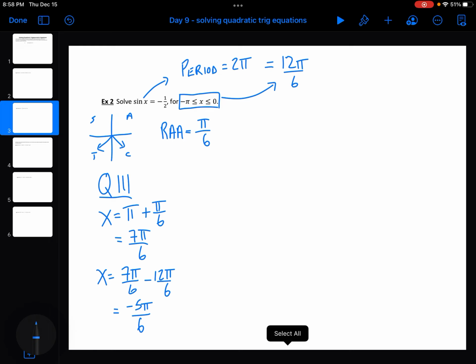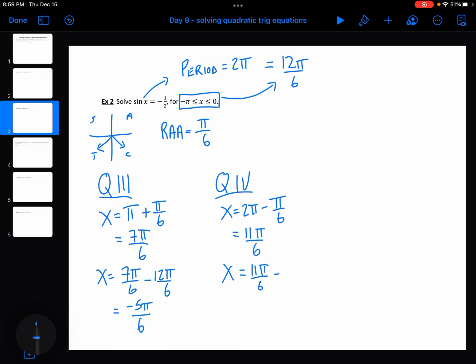So that one's okay. And then in quadrant 4, we're going to do the same thing. So we're going to have x equals 2 pi minus pi by 6. We get 11 pi by 6. Then we're going to take it within our domain, and we're going to say 11 pi by 6 minus 12 pi by 6.